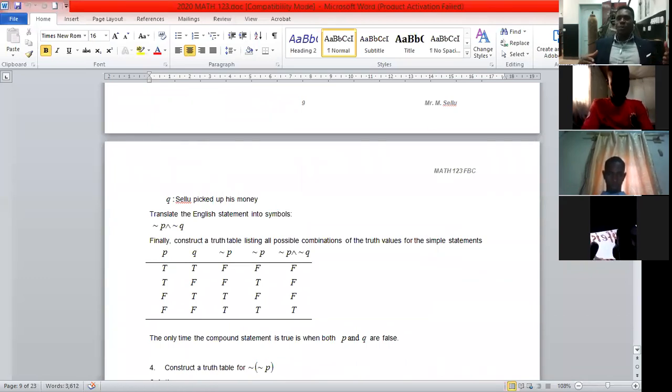So if I give you P, say P is a statement, and I tell you that statement is false, wherever P is, the validity of that statement is F. If I give you Q as a statement and that statement is true, wherever I see Q, the validity of Q is true. So I'll write T to represent that statement.